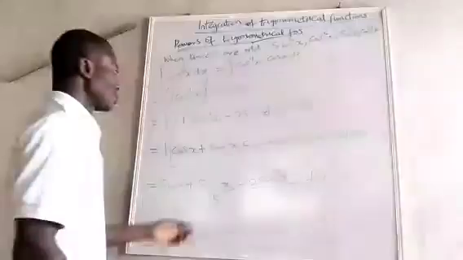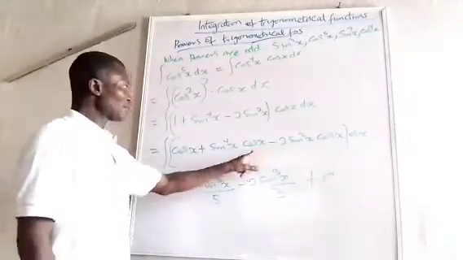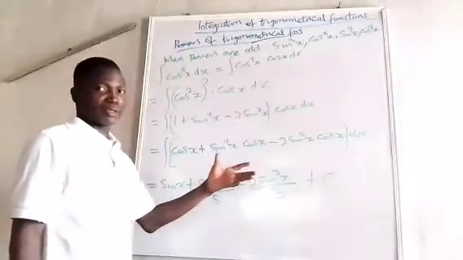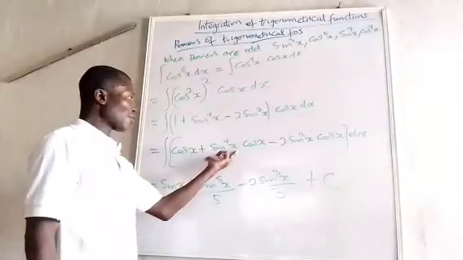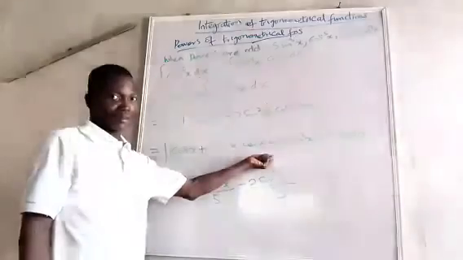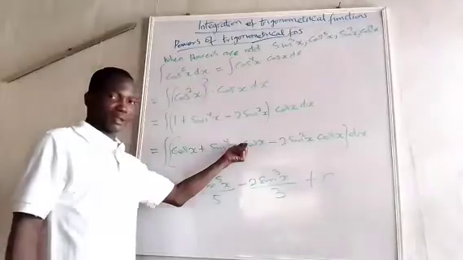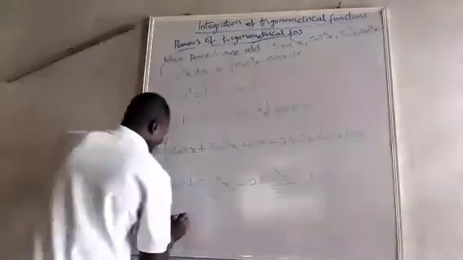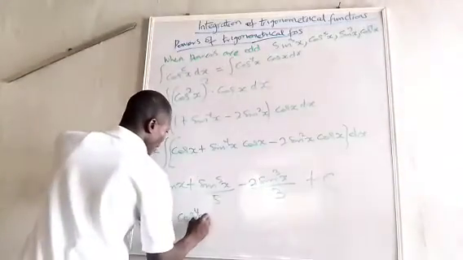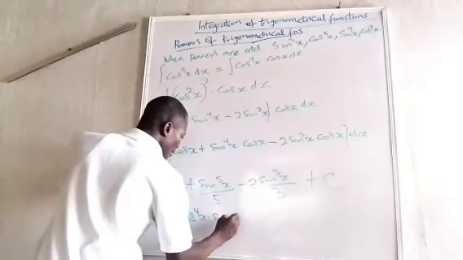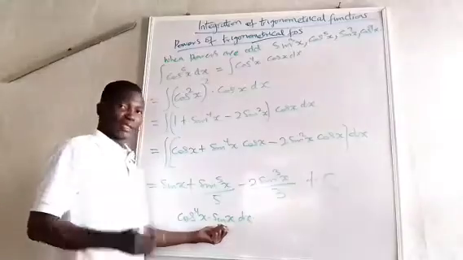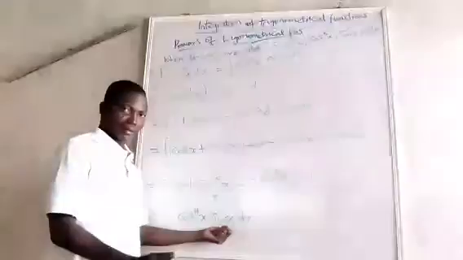So please, whenever you are doing it, always try to consider if you will need to put minus here and change the sign here so that your work will be very easy. Assuming we have it like cos raised to power 4x dot sine x, if it is plus here, put minus here so that your work will be very easy. I'll explain that later. What I was saying is this. If you have it to be like this, cos raised to power x dot sine x dx, you know that if you differentiate cos, it's going to give you minus sine x dx.